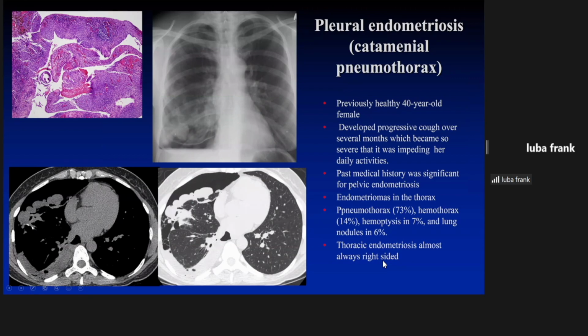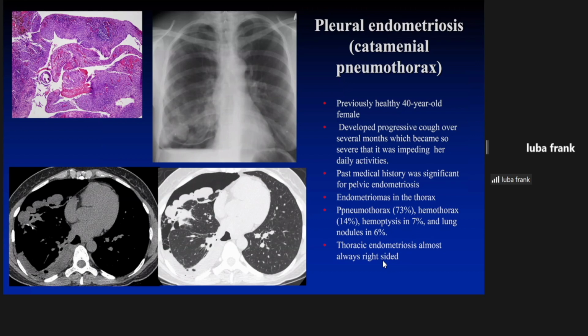She came with pain. She did have a history of pelvic endometriosis, and the consequences of those are usually pneumothoraces, hemothoraces, hemoptysis, and lung nodules. So these ones as well, you probably don't want to biopsy. This is a very characteristic appearance.